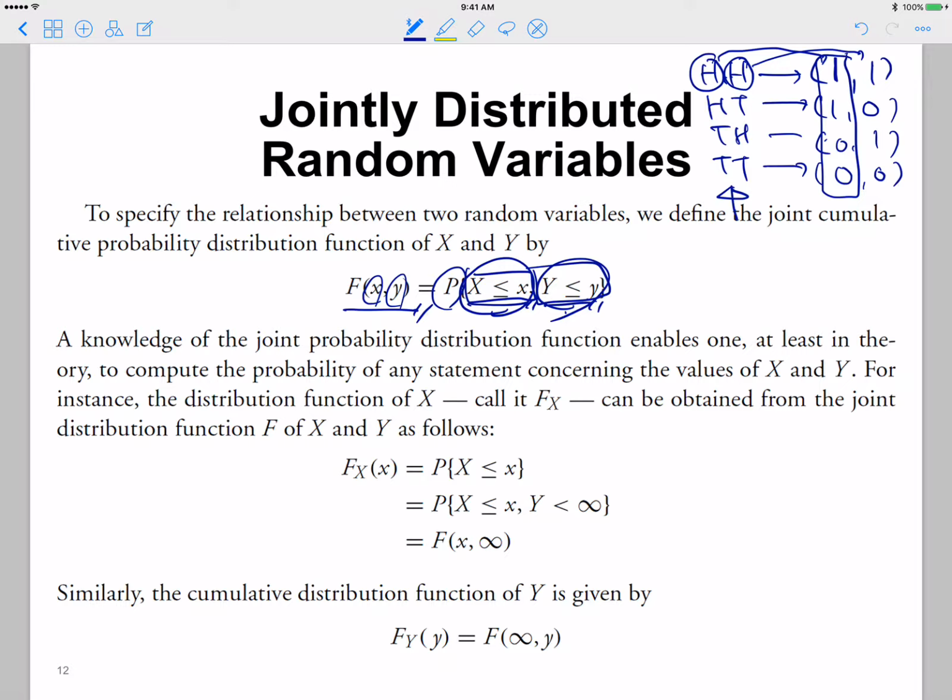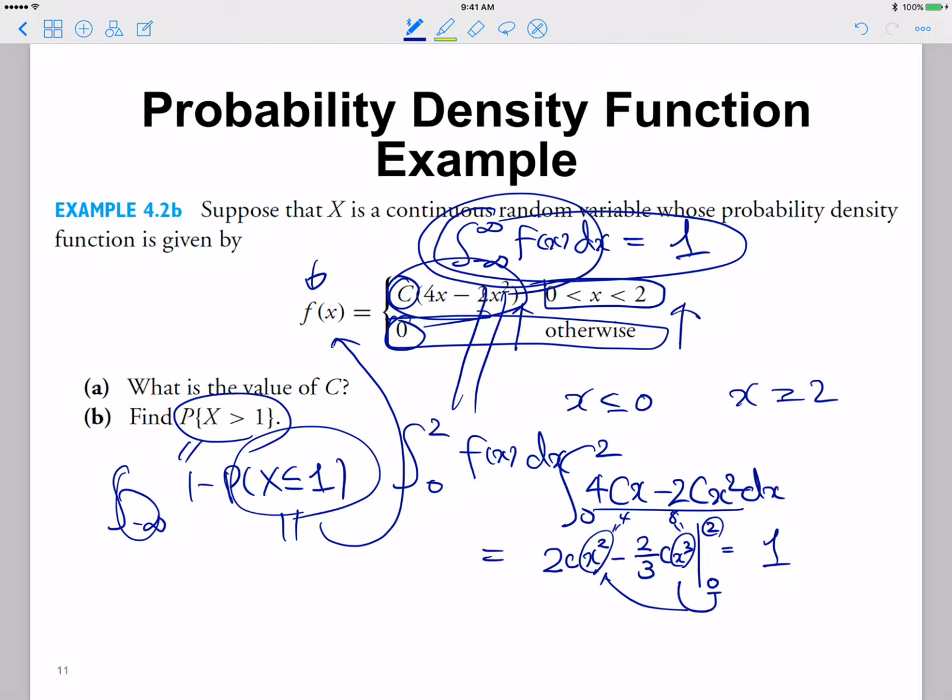And then we define the cumulative distribution function, or our probability distribution. The joint cumulative probability distribution function is defined by this.